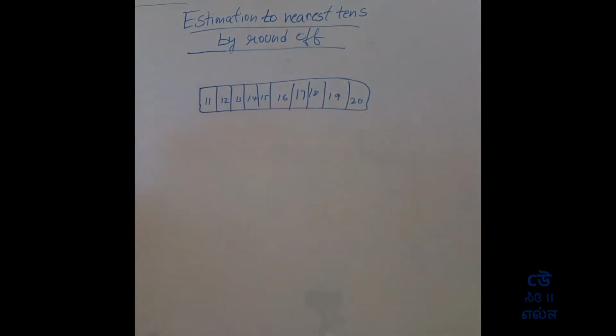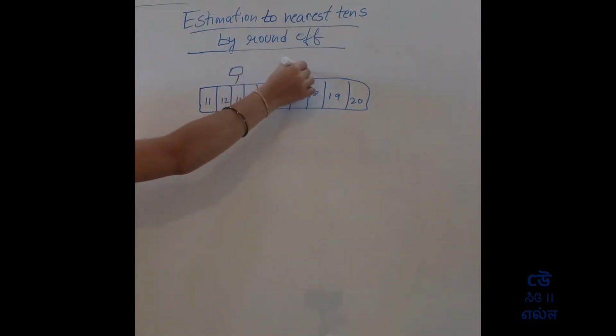Okay. So where will we place the flag now? Let us take any number. So for example, let us take 13. Okay. We'll take near 13 and one more number. Let us take near 17.